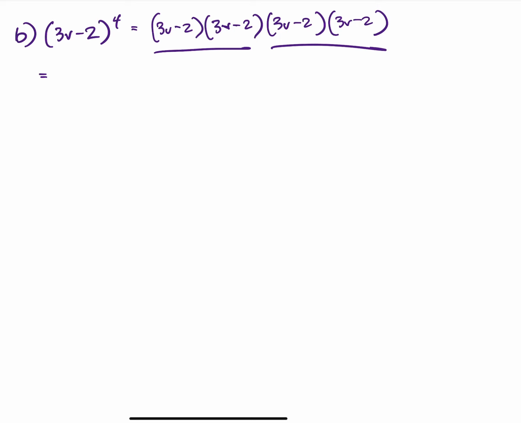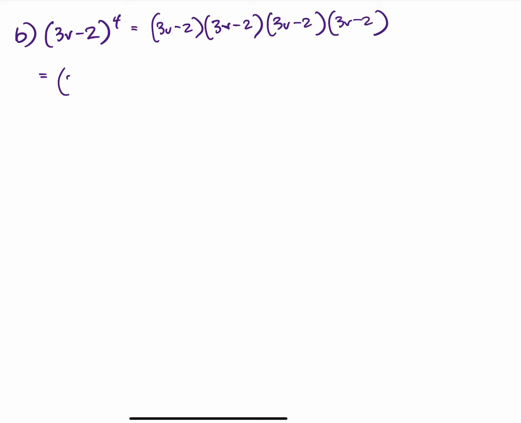So we have 4 of these. Like this could be written as 3v minus 2 times 3v minus 2 times 3v minus 2 times 3v minus 2. We have 4 factors multiplied. So we can group this into 2 squared factors.